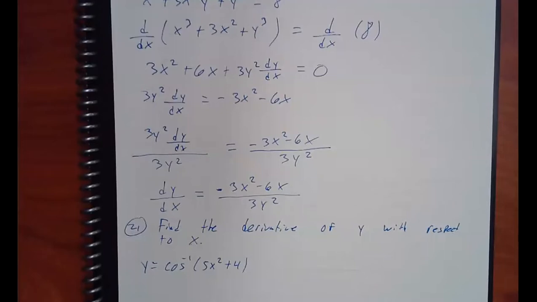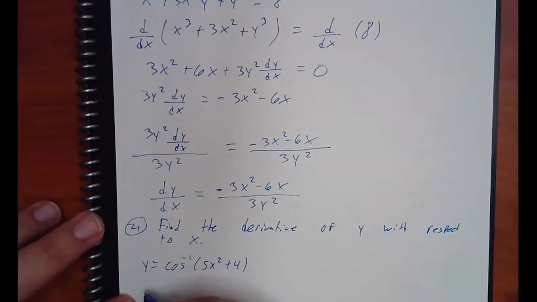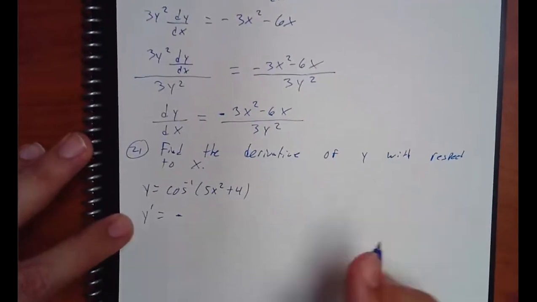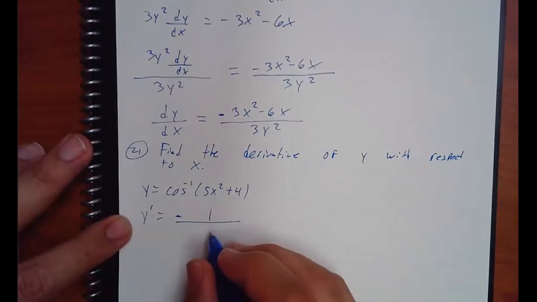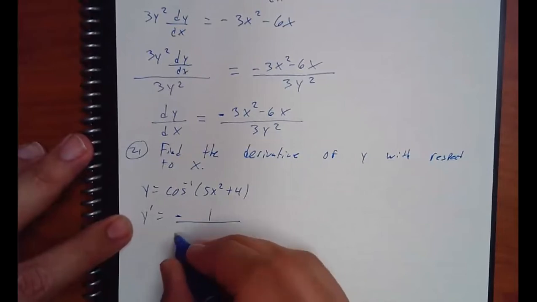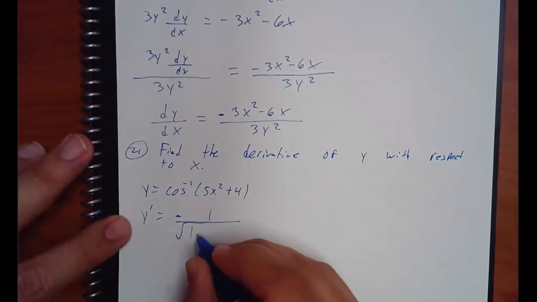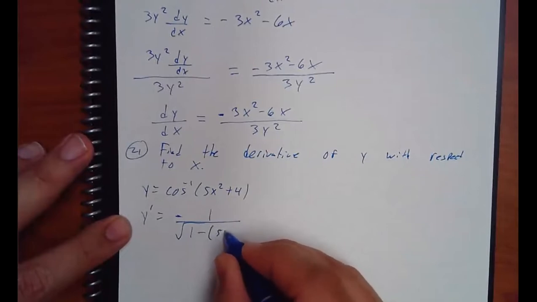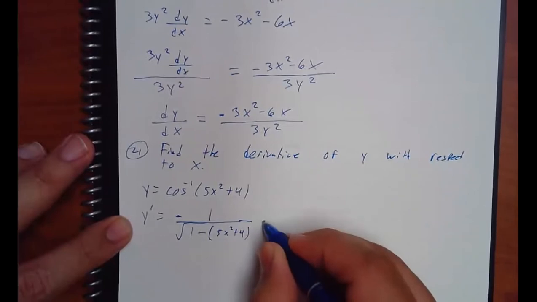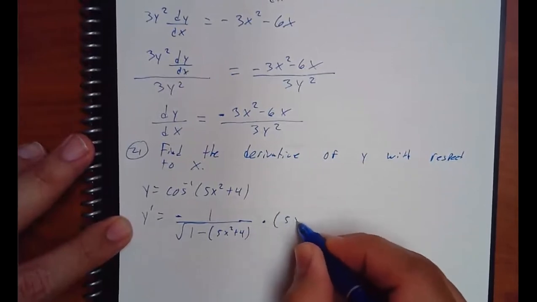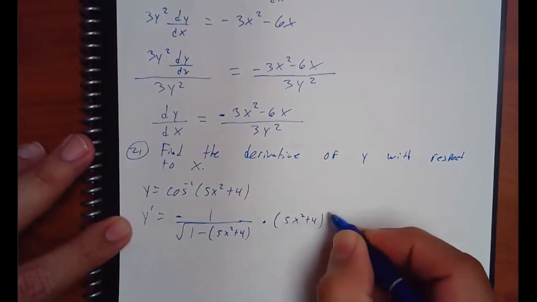Yeah, so the derivative will equal negative 1 over the square root of 1 minus whatever is inside the argument. Goes right there. But then you got to do times the derivative of that inside.